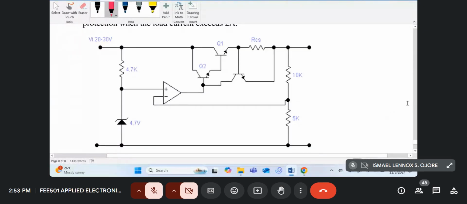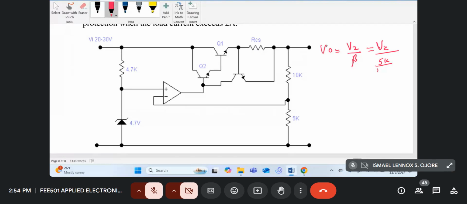So for this one, the design voltage is also approximately V0 equal to Vz by beta, where beta in this case is 5K over 5K plus 10K, which is 15K. So this is the same as 1 by 3.